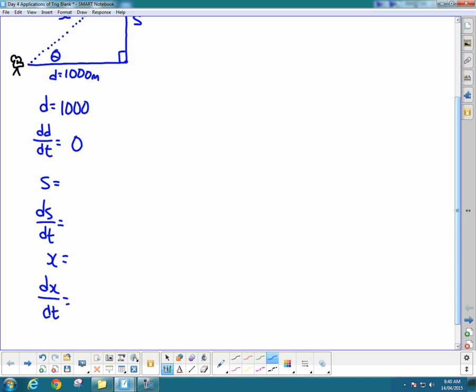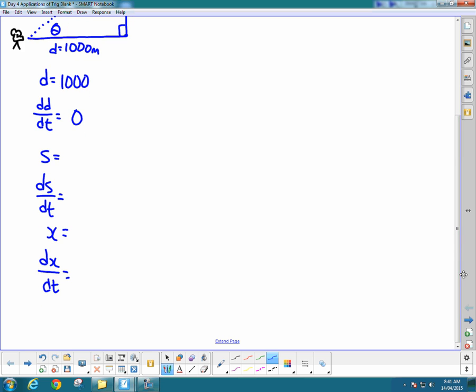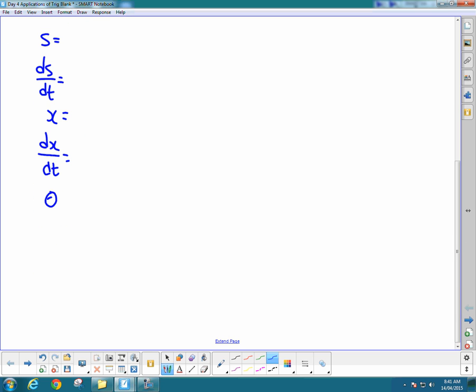But what's unique in these questions is we have another variable. We don't just have the three sides in the scenario. What other variable do we have? Yeah, we have theta. So we've got theta, and we even have the derivative of that, d theta by dt. So these are all the possible things that we may or may not use.